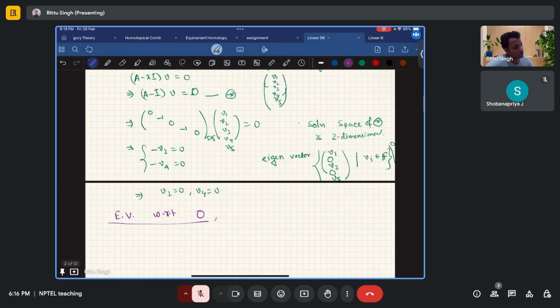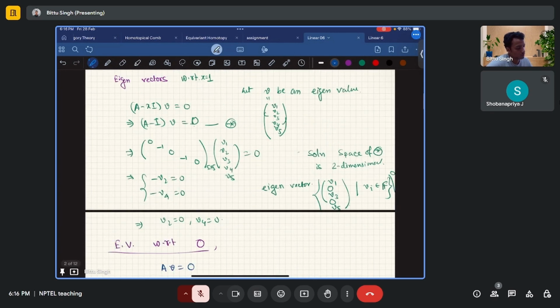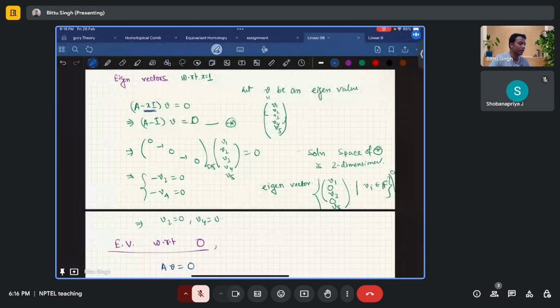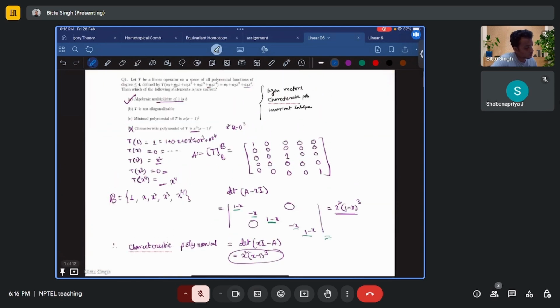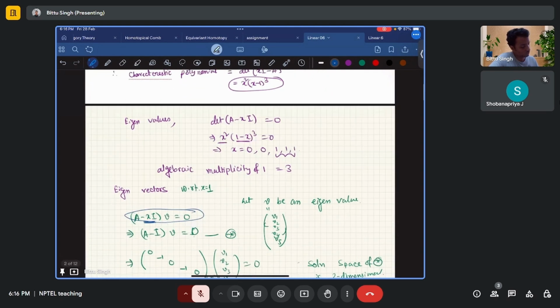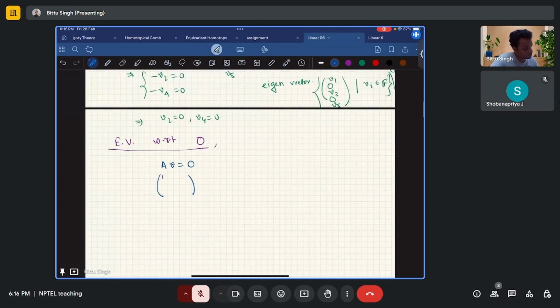Again, this is given by A times v equal to 0, because now x equal to 0. If we put x equal to 0, this equation becomes A times v equal to 0. So we need to find the solution space of this system, right? A was initially given, 1 0 1 0 1. So we need to find all such x1 up to x5.